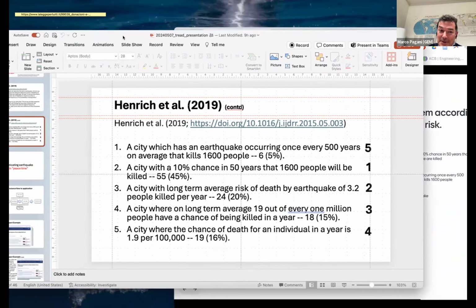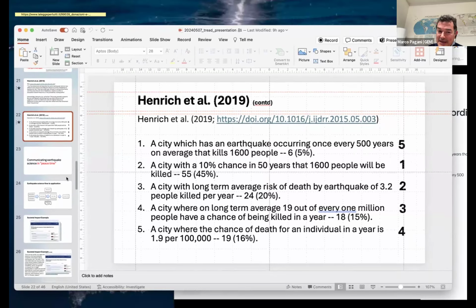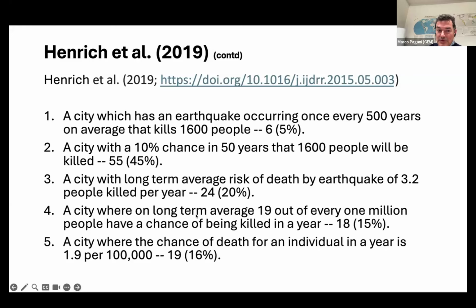I found it extremely interesting to see how different the perception of risk can be depending on the way in which it is phrased, which is making me think a lot about the way in which we are supposed to communicate. At the end of the presentation, in case you are interested, I can give you the PDF of the slides and you can retrieve all those publications, because I don't work on the way in which risk is communicated.